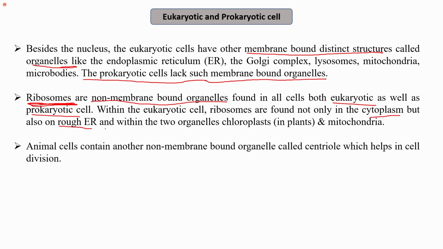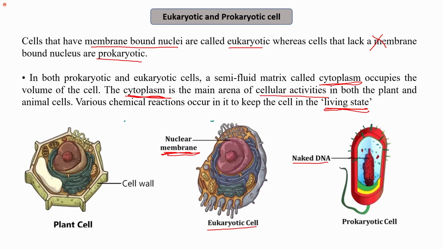So basically, we can say that the cells which have non-membrane-bound organelles like ribosomes and a non-membrane-bound nucleus are said to be prokaryotic cells, while the cells that contain membrane-bound nuclei, that is, a distinct nuclear membrane surrounding the nucleus of the cell, are called eukaryotic cells.